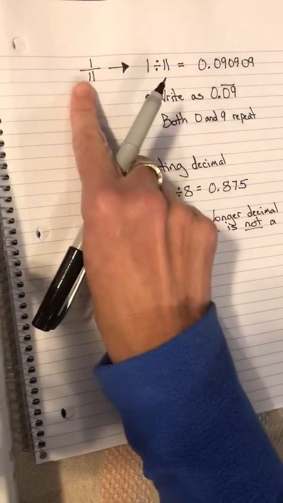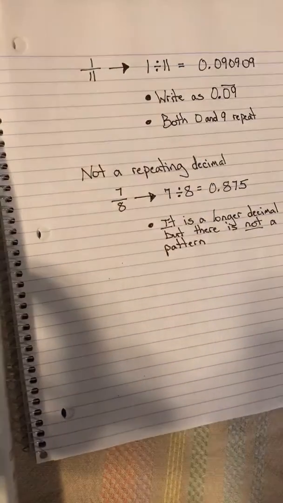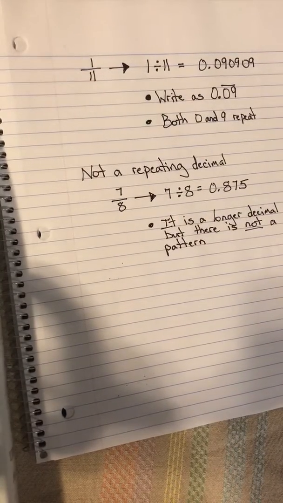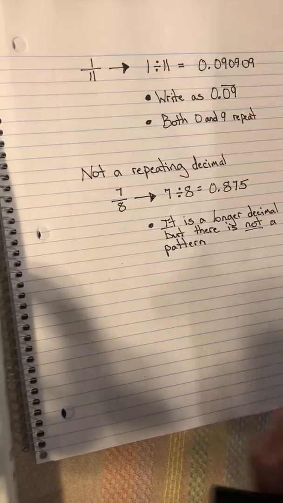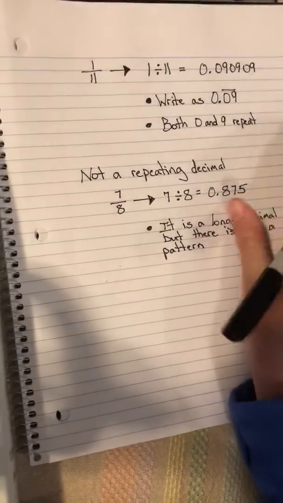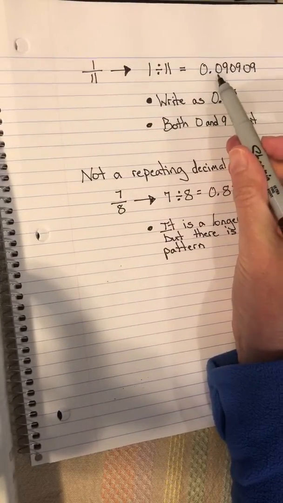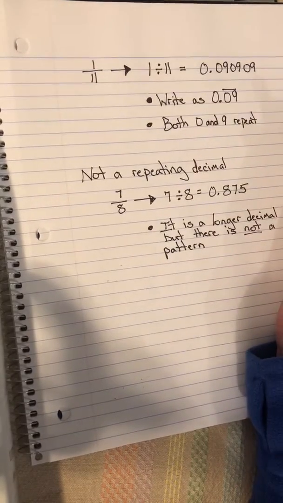All right, let's try a few more. Here's another example. Clear out your calculator. Our fraction is 1/11, so stick in 1 divided by 11, and we get 0.090909, and that pattern continues.